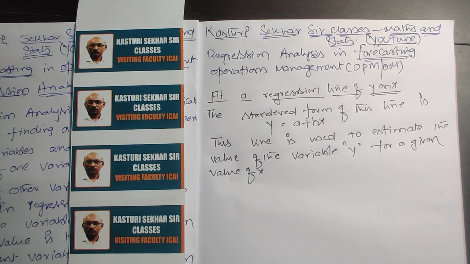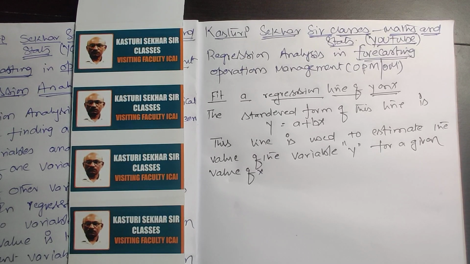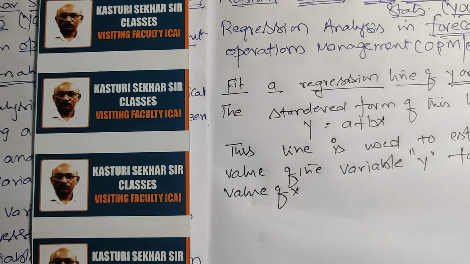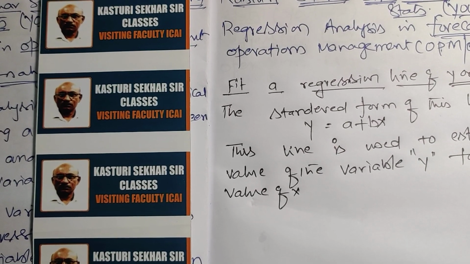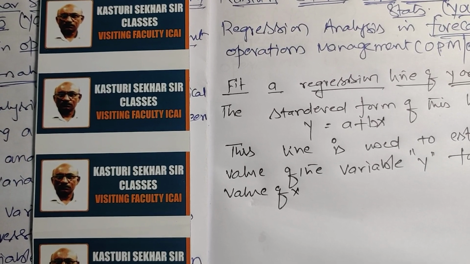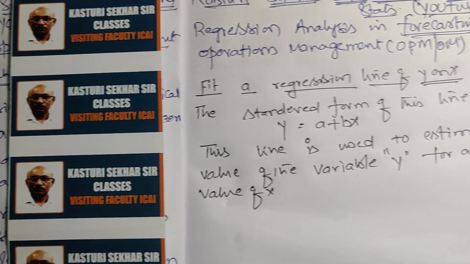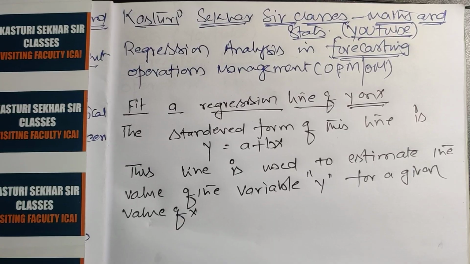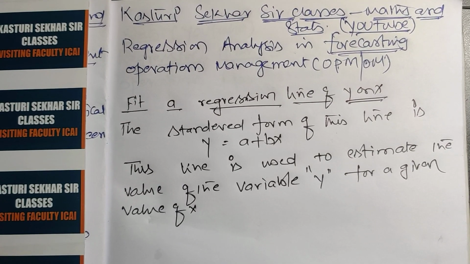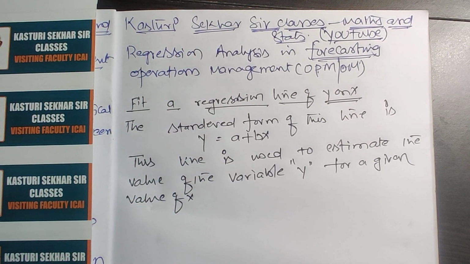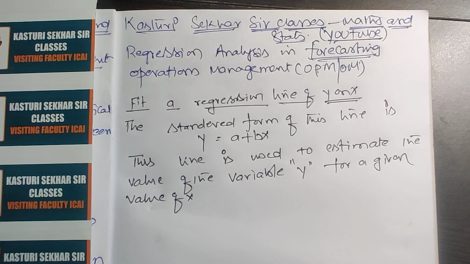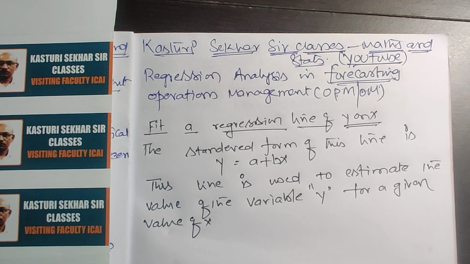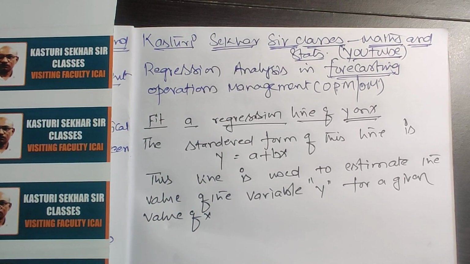That is the advantage we have with this line. Look at this once again. The standard form of the regression line of y on x is y = a + bx, and this line is used to estimate the value of the variable y for a given value of x.